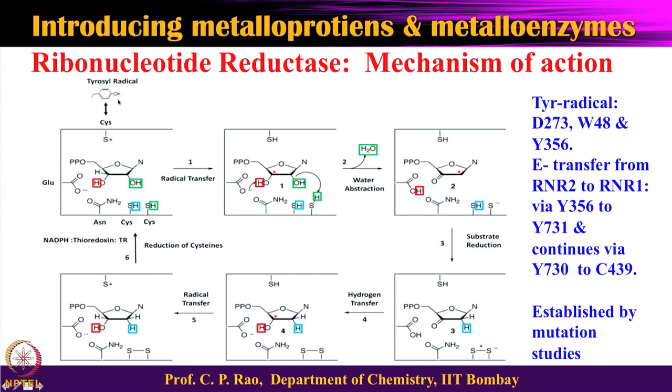So, this radical induces the radical formation at the interface, and this radical is transferred to the 3 prime, not the 2 prime, and there is a radical transformation taking place to 2 prime, and then the 2 prime picks up the hydrogen, and that is reflected in the sulfhydryl functions going to the semi and then to the full disulfide formation, and that leads to the hydrogen transfer over here and the radical, and this is further reduced by the thioredoxin, NADPH thioredoxin.